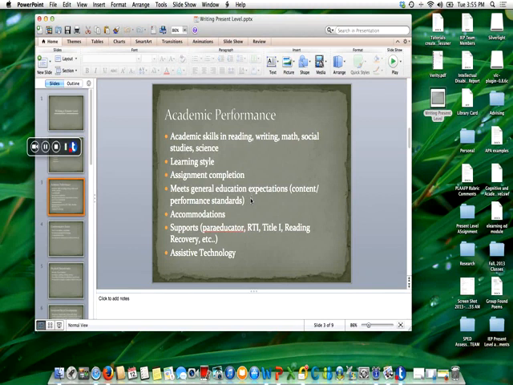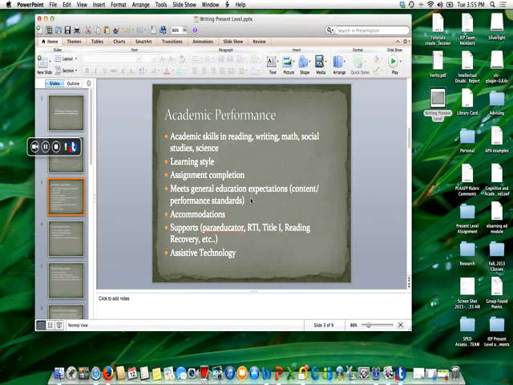But then we also might want to say grade level expectations for the end of first grade are level K. So then it says, you know what, he's in the middle of first grade and he's reading at a level C right now. He's got a long ways to go. So we might want to make a comment such as that.